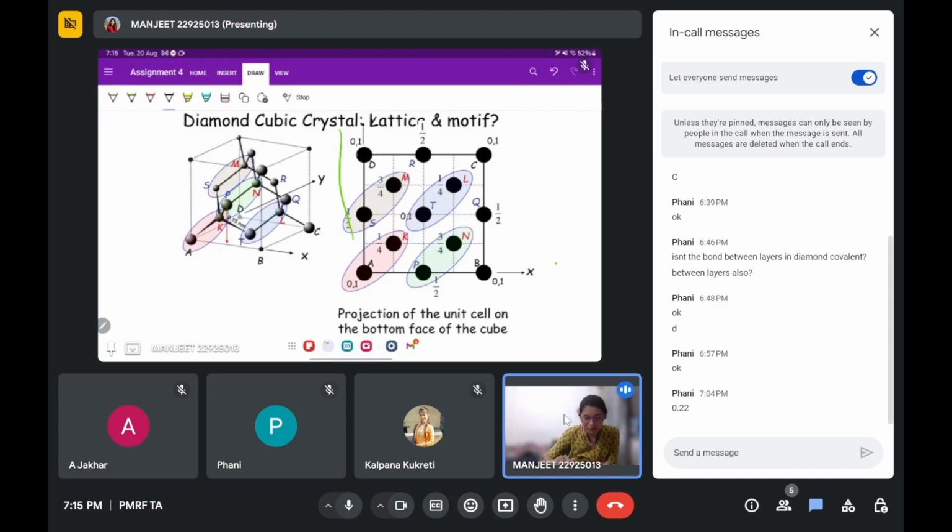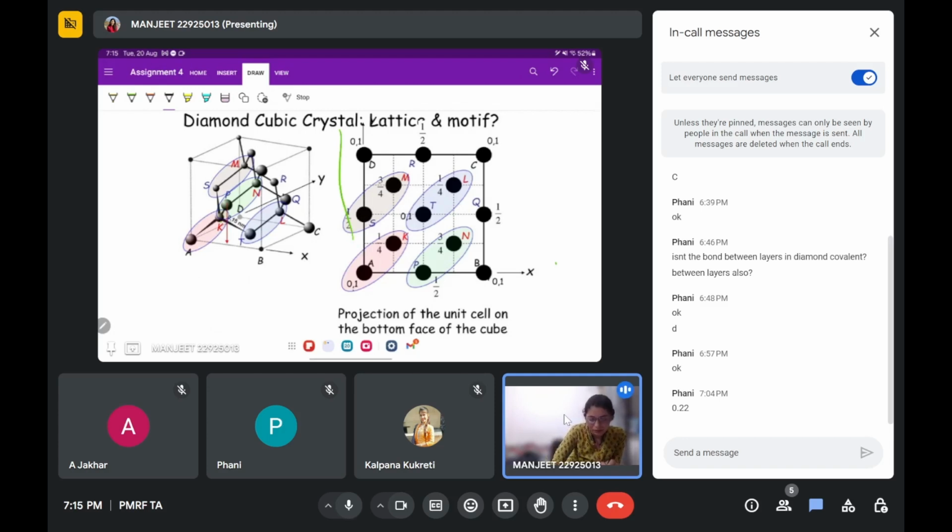The corner one also has 0, 1, because one is at the zero plane and one at the distance a, the upper one. Now these atoms, because this is the face center, the face-centered cubic, there is one atom here, and two atoms are at half, at the face center.